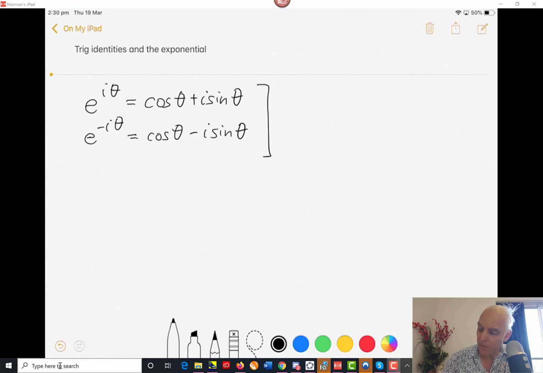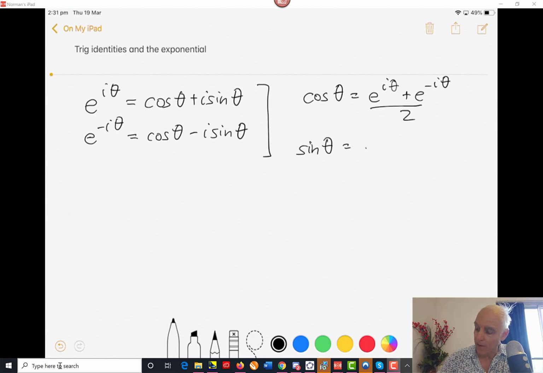From those, very quickly we were able to deduce that cosine theta expressed in terms of the complex exponentials is e to the I theta plus e to the minus I theta all over 2, and that sine theta is equal to e to the I theta minus e to the minus I theta all over 2. Fabulous. So those are fundamental relations that we're going to be looking at today.